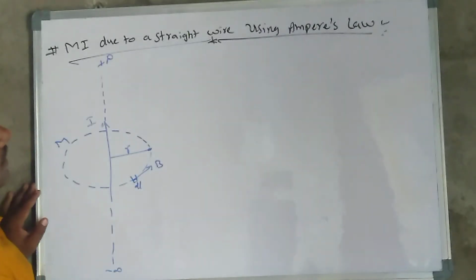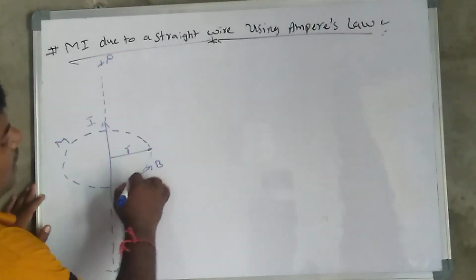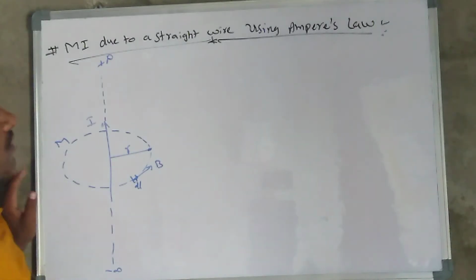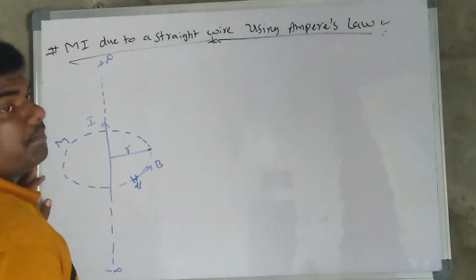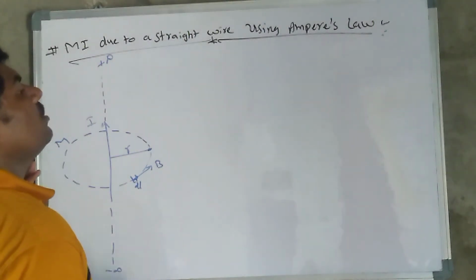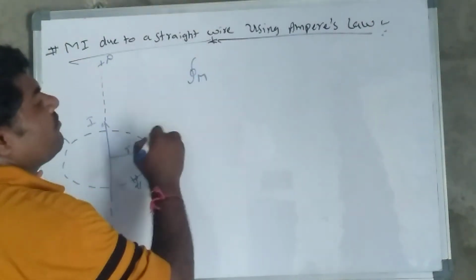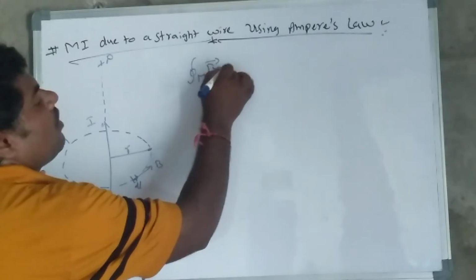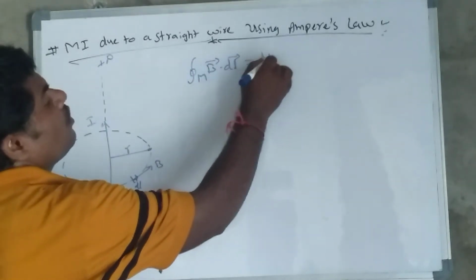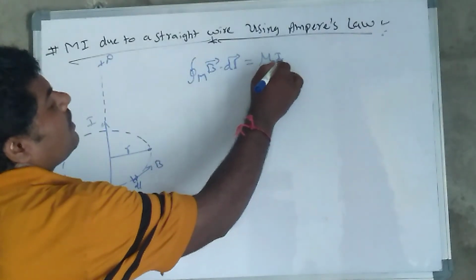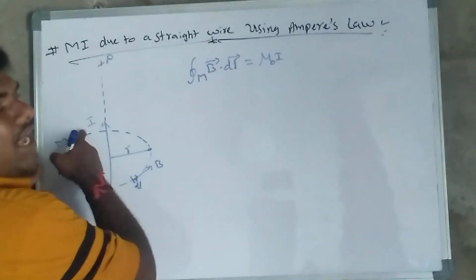So the dl direction and the magnetic field are both the same, that's why the angle between B and dl is 0. According to Ampere's law, the closed integral over path M of B dot dl should be equal to mu naught into I enclosed, which here is the total current I only.